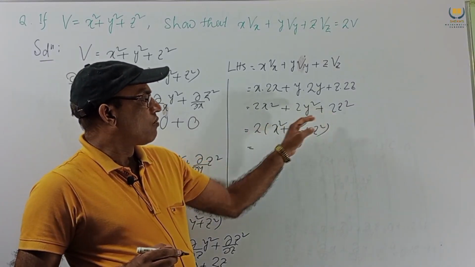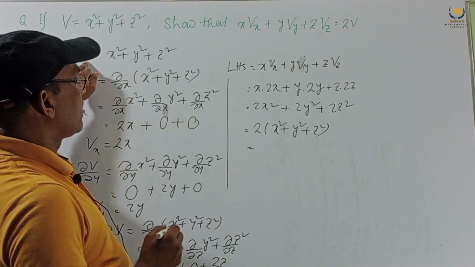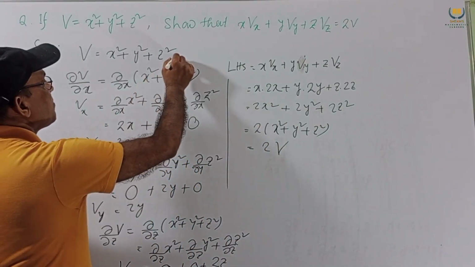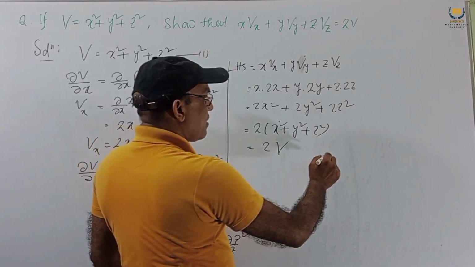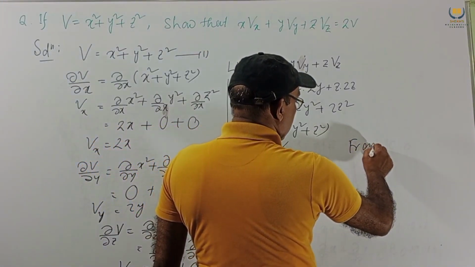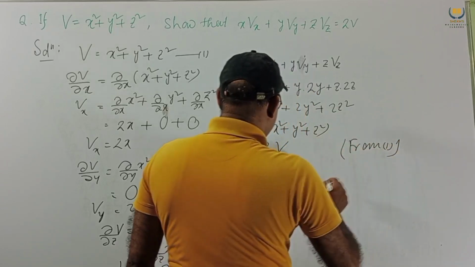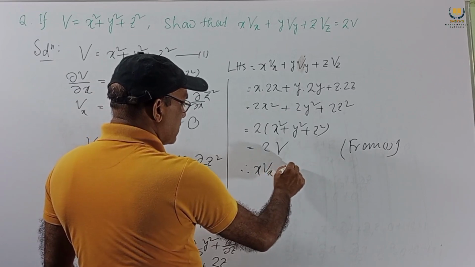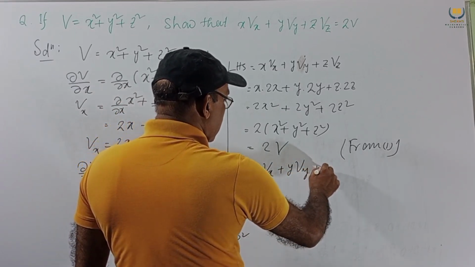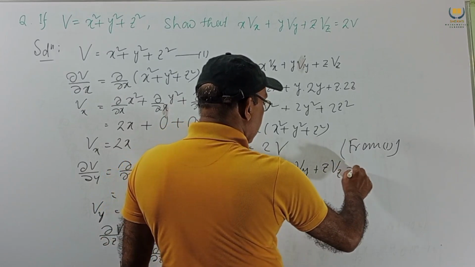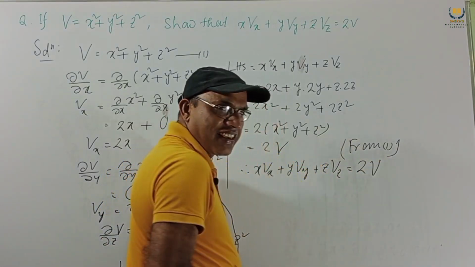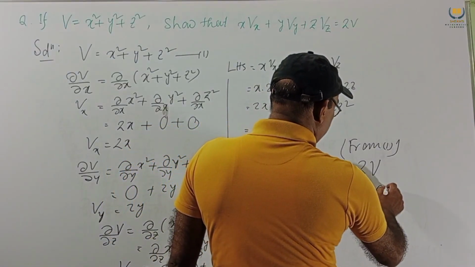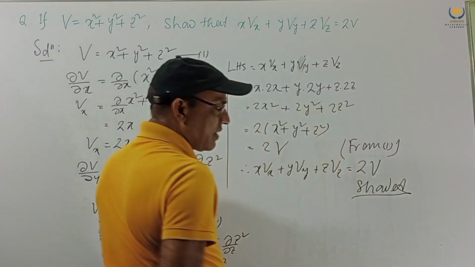This value is V. So we get twice V. So therefore x Vx plus y Vy plus z Vz equal to twice V. This is a very easy and short solution. We get our answer.